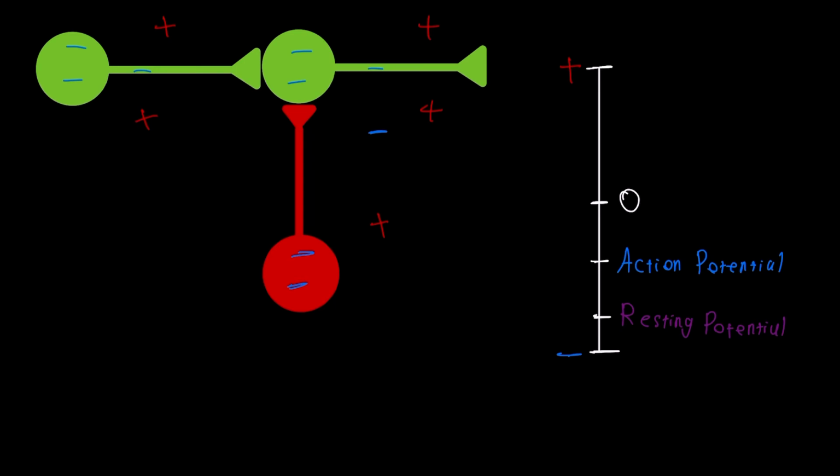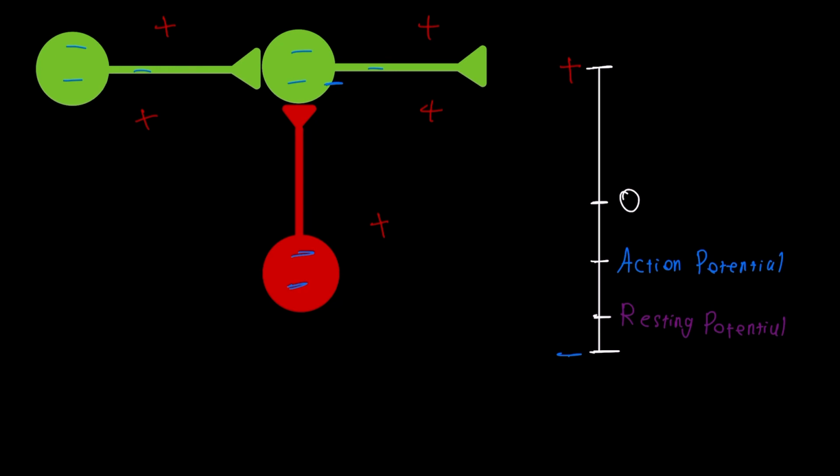Now, you also need to be familiar with something called excitatory neurons versus inhibitory neurons. If this neuron, the red one, fires, it's actually going to cause negative ions to move into the neuron. If negative ions move into the neuron, it's going to make it harder to fire. It's going to move it away from action potential and more toward resting potential, even below resting potential.